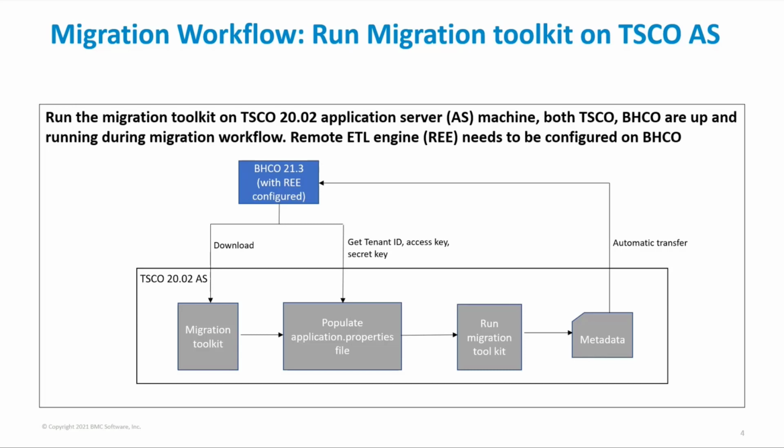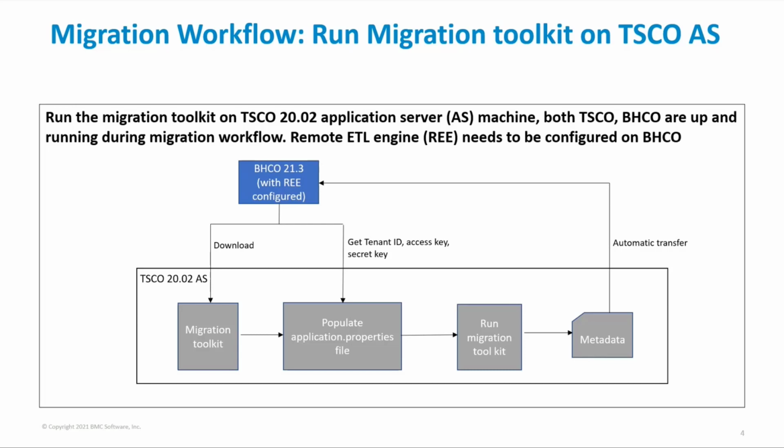Once we download the migration toolkit, the steps are pretty straightforward. We need to create an API user in the Helix portal in the BHCO, and then get the tenant ID, access key, and secret key, and then populate a configuration file called the application.properties file. After that, we have to run a script in order to run the migration toolkit. As a result of that, a metadata file is created.